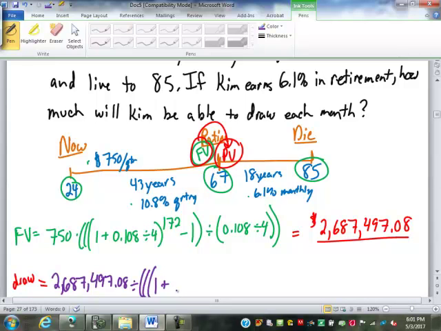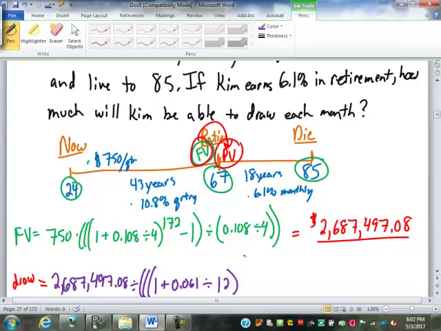So 0.061, divided by 12, because we're going monthly now.